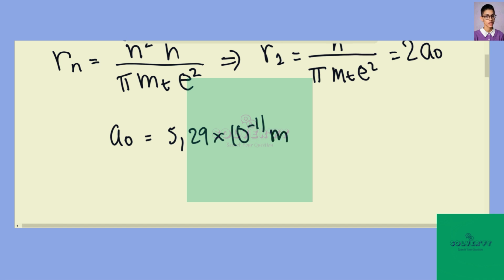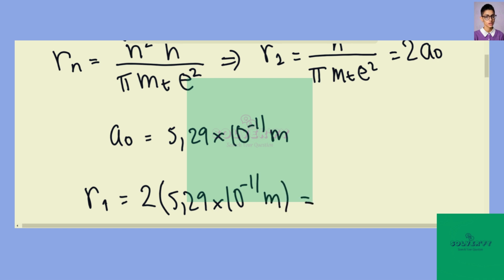So when we plug that into the equation for R1, we obtain 2 times that value. The radius for the ground state, n equals 1, is approximately 0.106 nanometers. So that's the solution for part B of this problem.